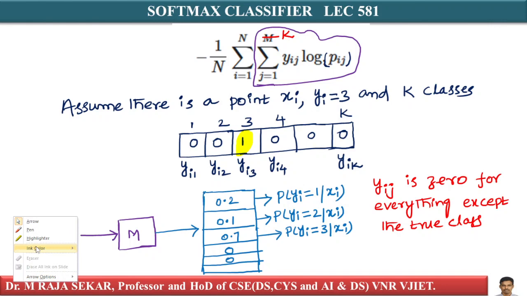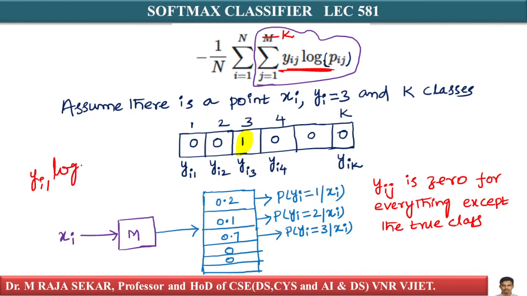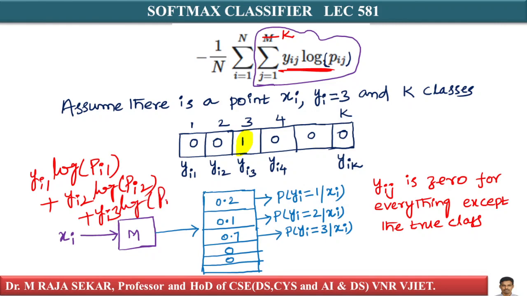If you write j equal to 1, this is yi1 log pi1 plus yi2 log pi2 plus yi3 log pi3. Anyway, what is yi3's value? yi3's value is 1. Therefore 1 into log pi3.